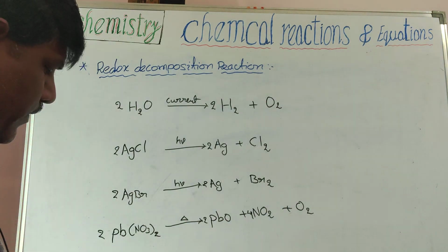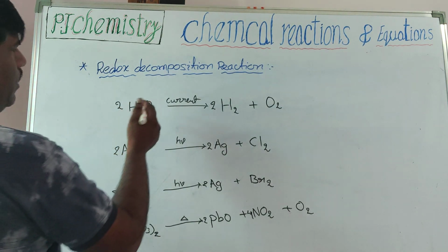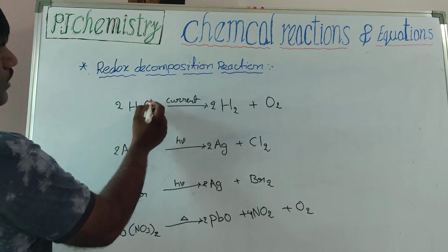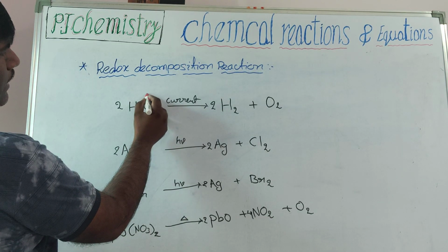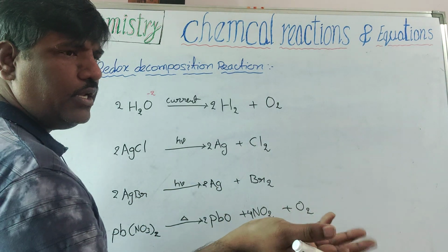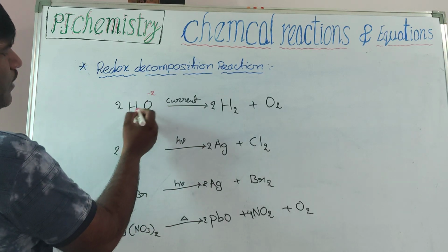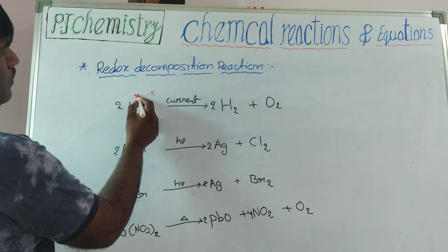A few examples I gave, we'll discuss one by one. In the compound water, oxygen gains 2 electrons. Oxygen, atomic number 8, to get stability will gain 2 electrons. From where does it gain? From hydrogen. Each hydrogen loses 1 electron.